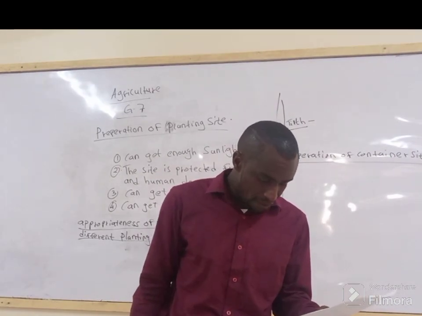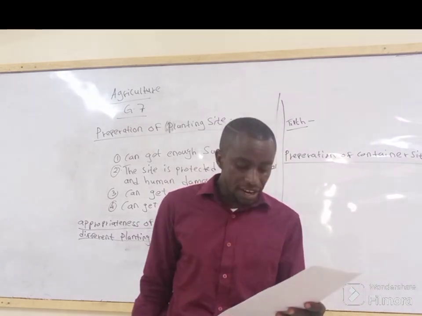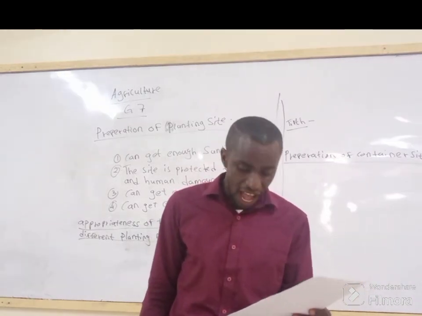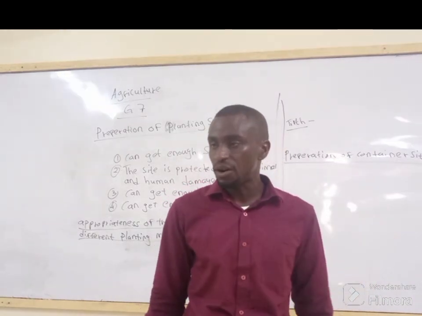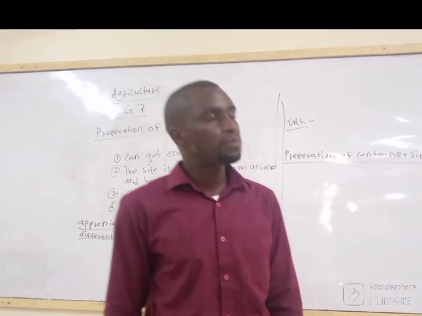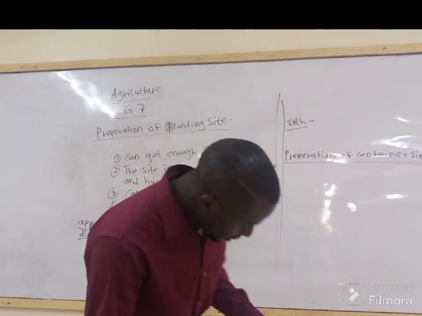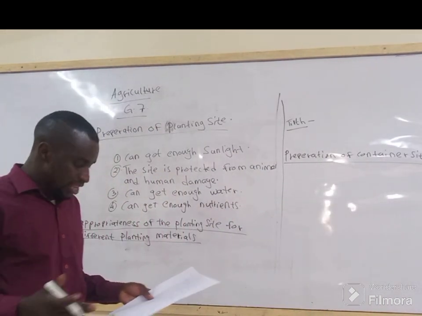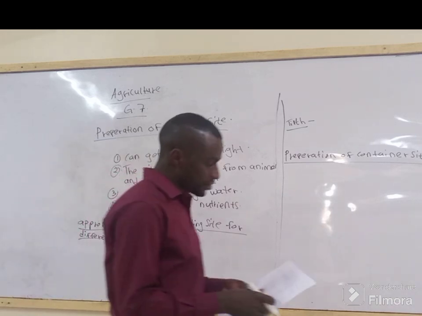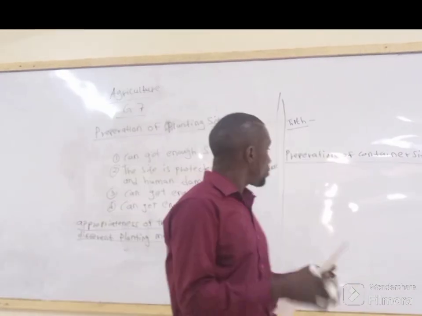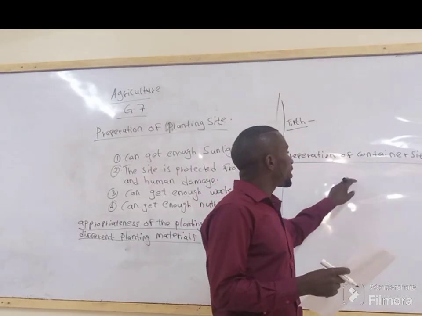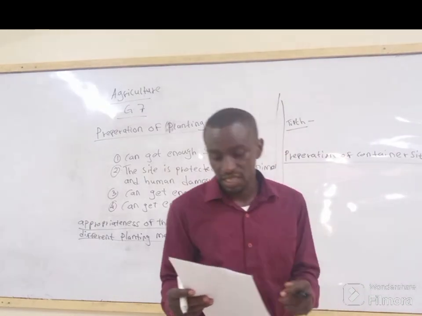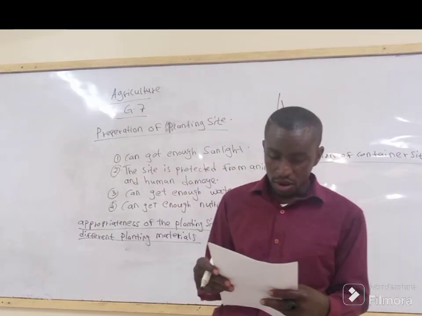And then number 5, that is the last one, arrange the prepared container gardens at identified areas ready for planting. So that is how we prepare container sites for planting.